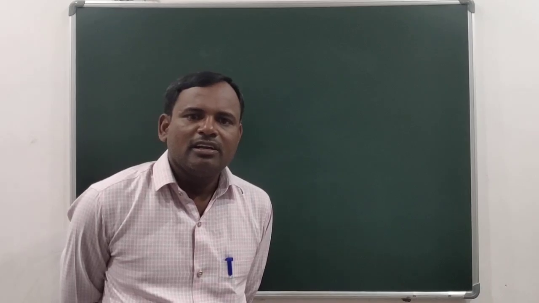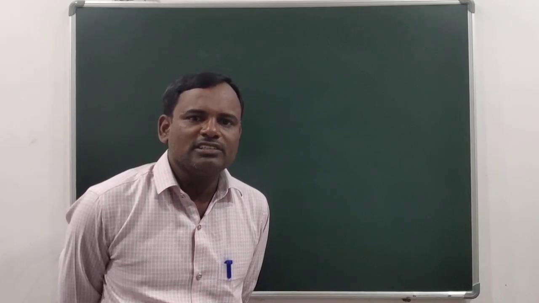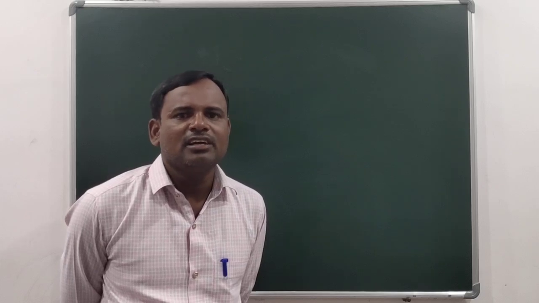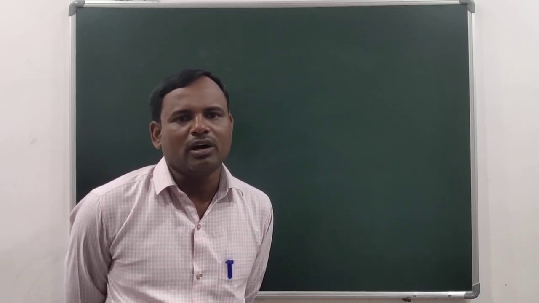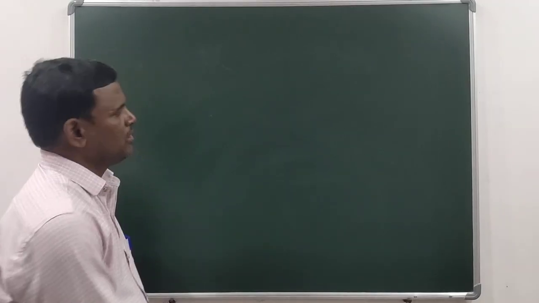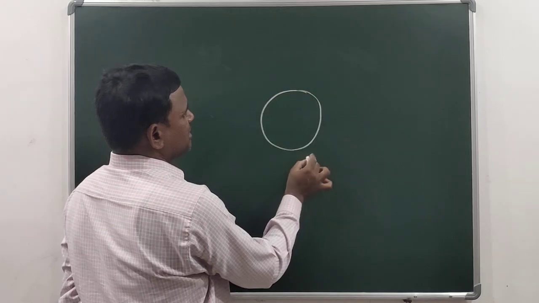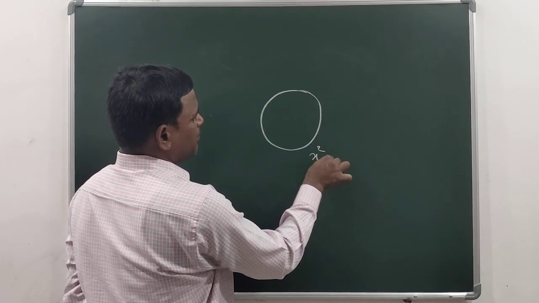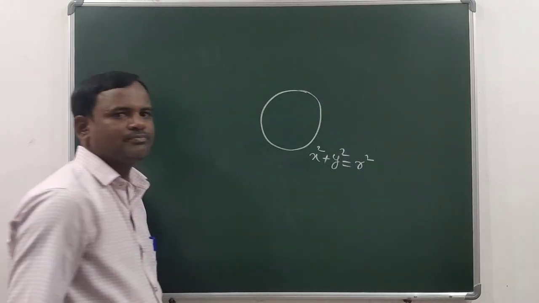Find the equation of locus of point of intersection of perpendicular tangents drawn to a circle x square plus y square equal to r square. See, one circle equation is given, that is x square plus y square which is equal to r square.